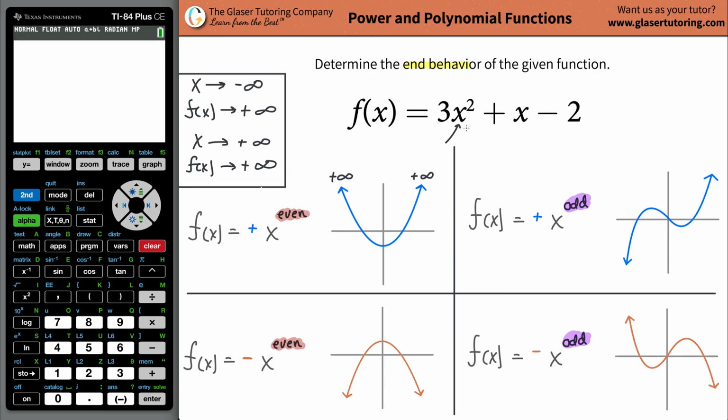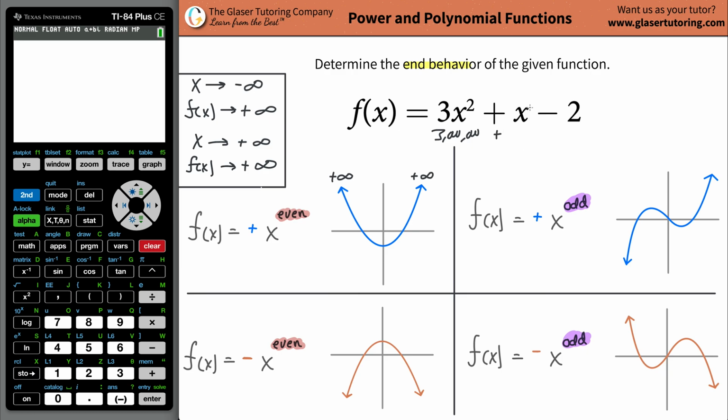As you keep plugging in larger values, this term is going to dominate the polynomial, because as you continually plug larger and larger values in for x, this term starts taking over the entire value of this function. If you were to put in, let's say, 1,000 here, 1,000 squared is going to be 1,000,000. 1,000,000 times 3 is going to be 3,000,000, so 3 with 6 zeros.